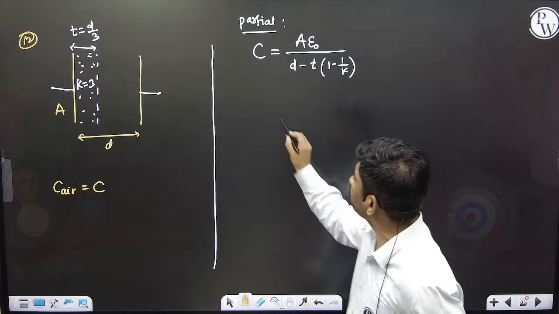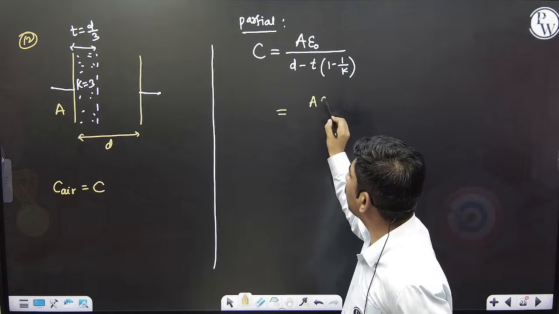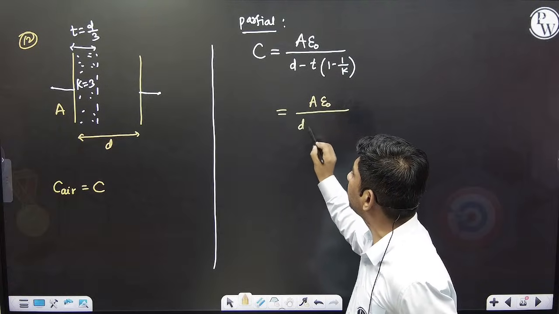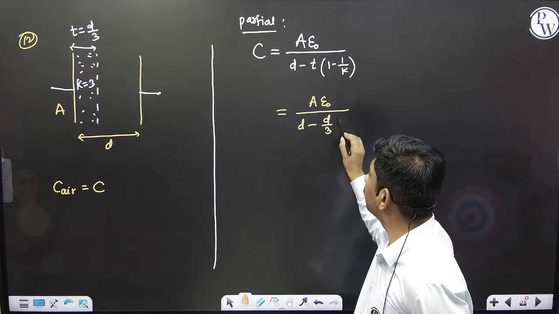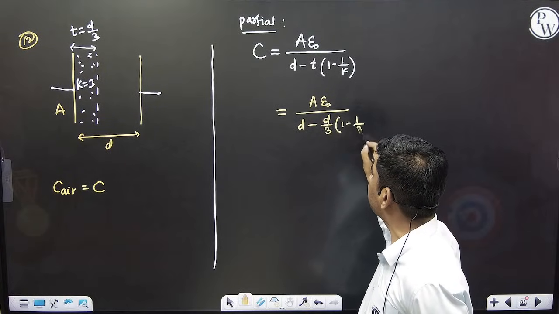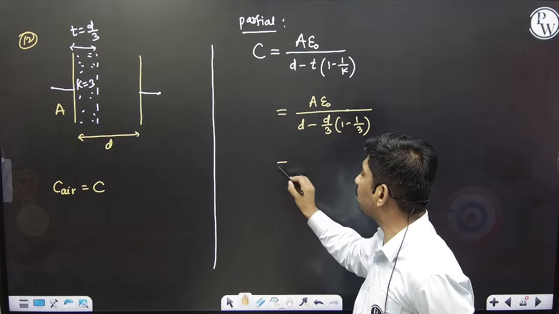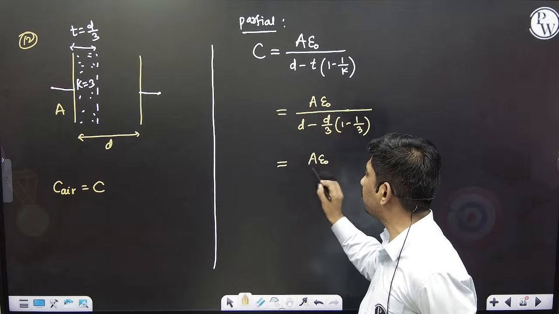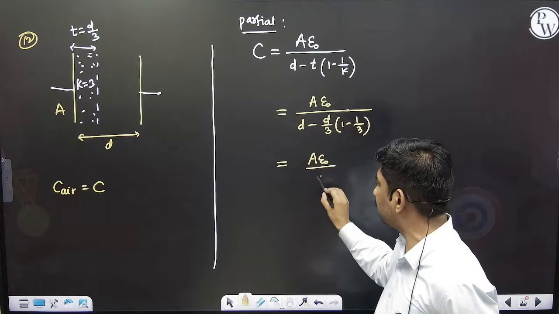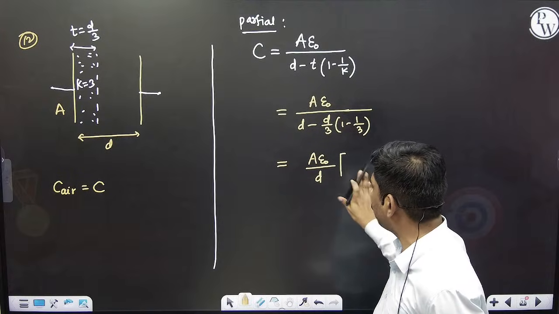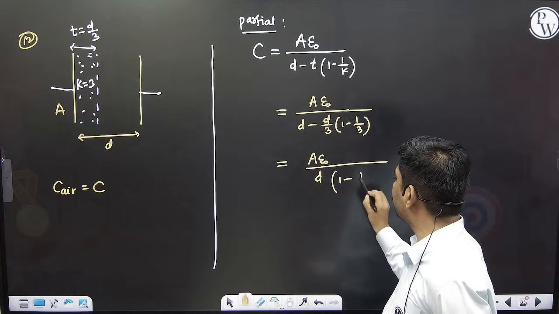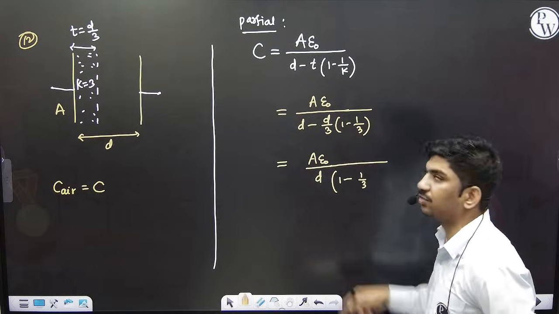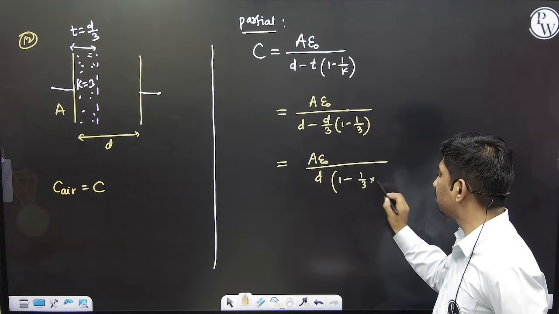So what we are going to write here is A epsilon naught divided by d minus t, the value of thickness they have given is d by 3, into the bracket 1 minus 1 by K, where K is 3. So how do we solve this? We write A epsilon naught divided by d, you can take it out of the bracket. And in the denominator you write 1 minus 1/3 into, how much is this? 1 minus 1/3 is 2/3.